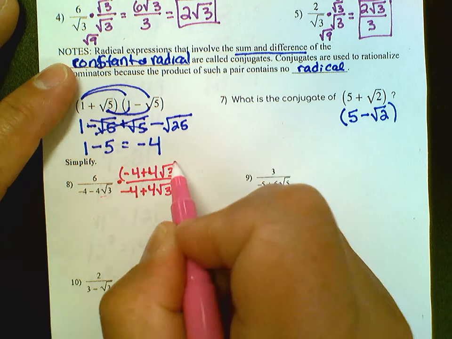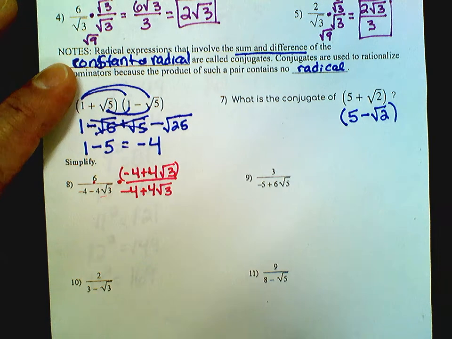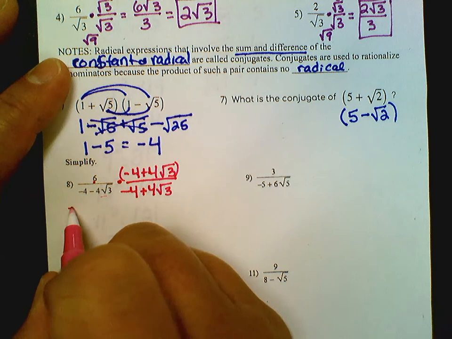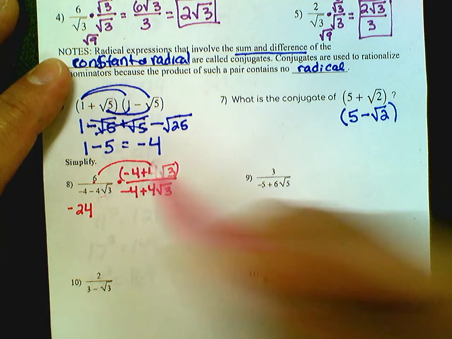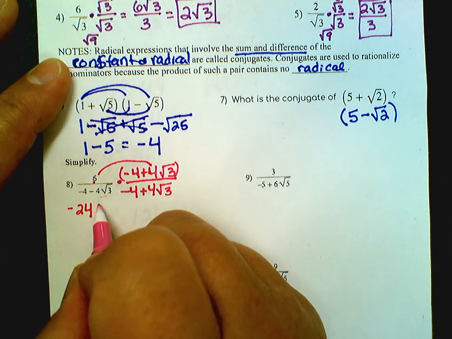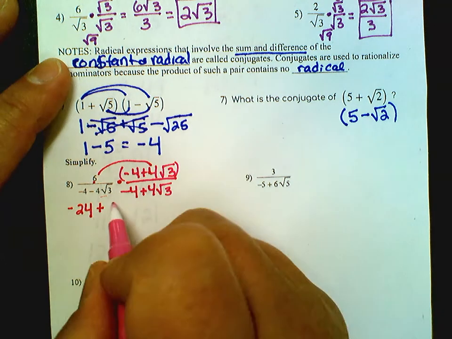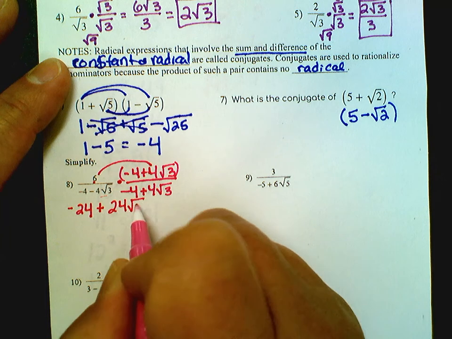I use the distributive property here. 6 times negative 4 is negative 24. And 6 times 4 times the square root of 3 is a positive 24 times the square root of 3.